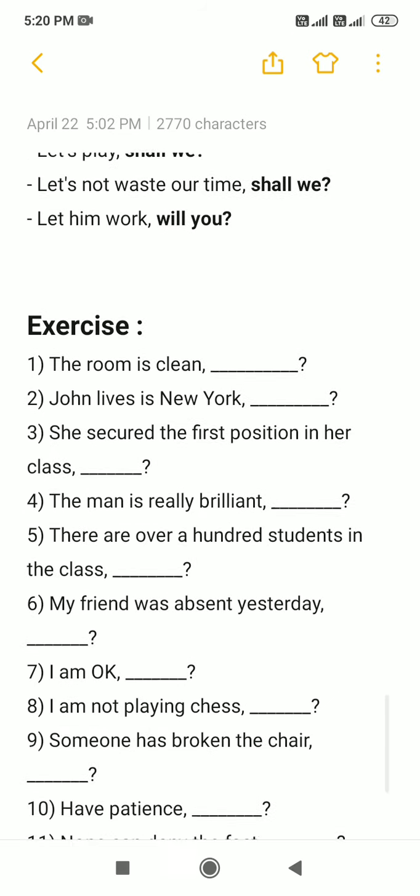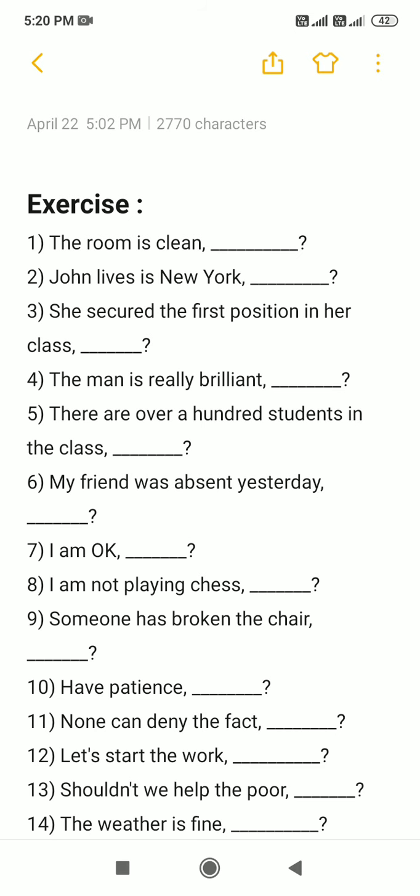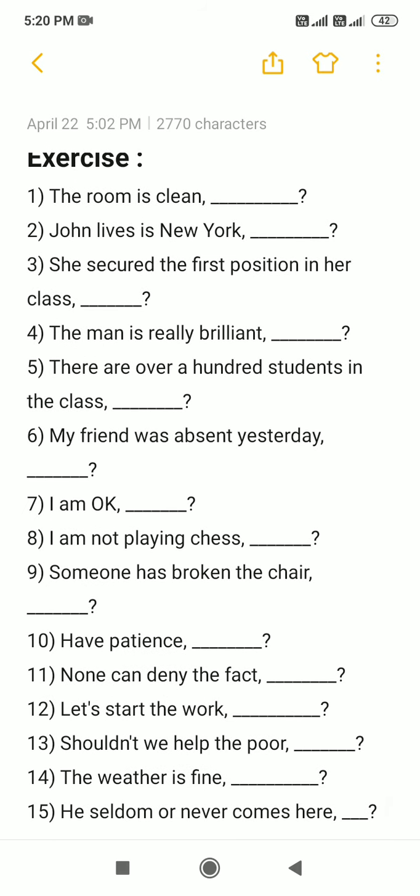Now, we have a few sentences here for our exercise. The room is clean. At the end of this exercise, I will tell you the answers to all these questions. But for now, it is for you to think of what could be the possible question tag in each case.